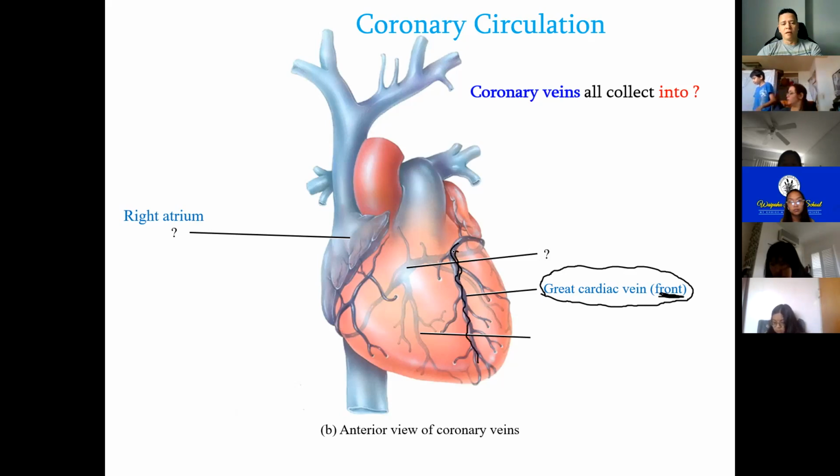And then we have a major coronary vein that is going towards the back side of the heart, and we can see it right here. That's what we call the coronary sinus, going towards the back. And then this coronary sinus comes down here towards the inferior aspect of the heart, and that is what we call the middle cardiac vein. Okay.